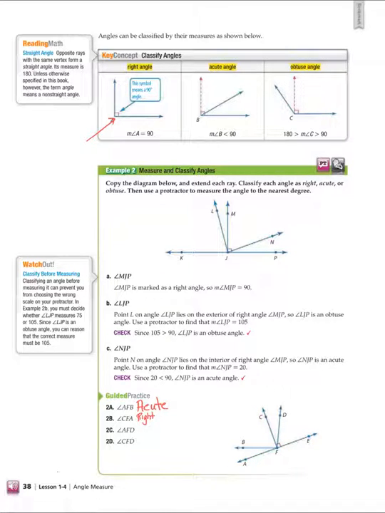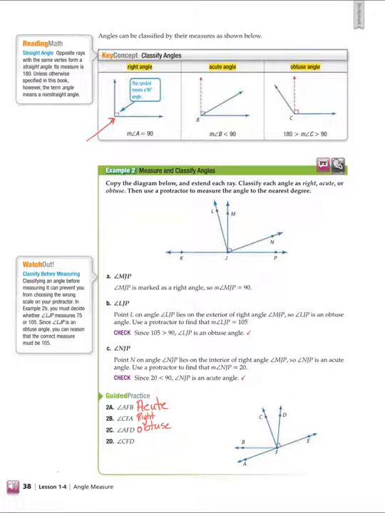Now, let's look at the next one. We have from A to F to D. Now that extended beyond the right angle that we know. So we have an angle that's bigger than a right angle. So here we have an obtuse. Okay, from C to F to D. So let's look at what we've got here.